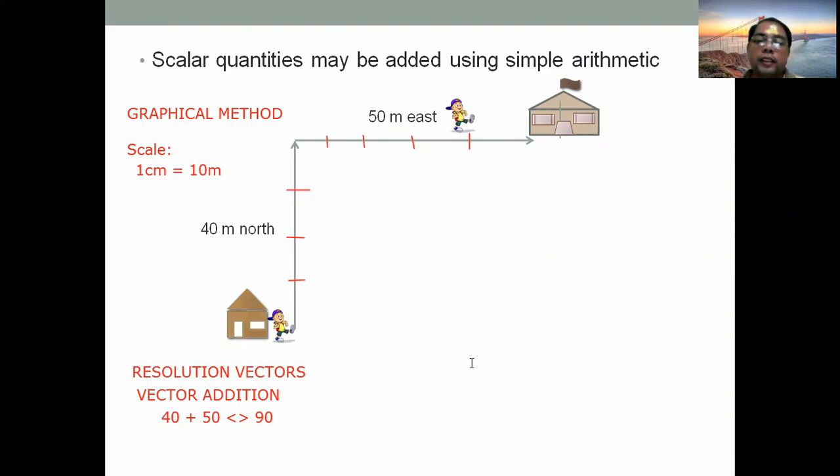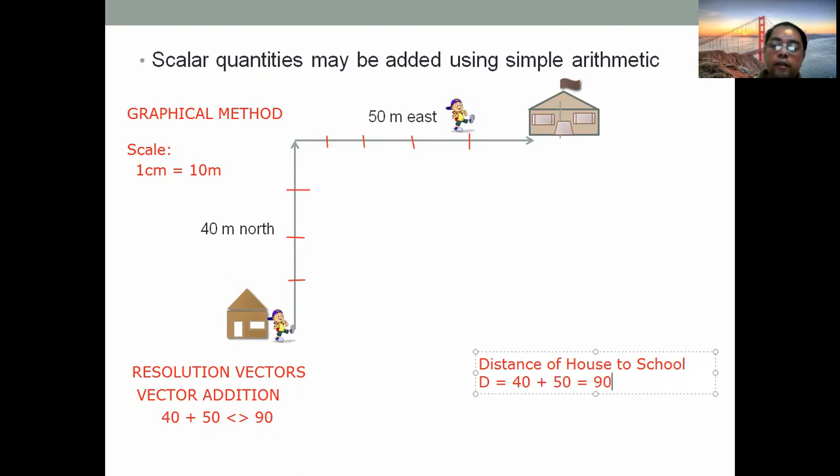So if you are merely asking for the distance of the house to school, the distance is equal to 40 plus 50, which is equal to 90 meters. So that's how far he walked. But that's not the displacement of the house to the school.